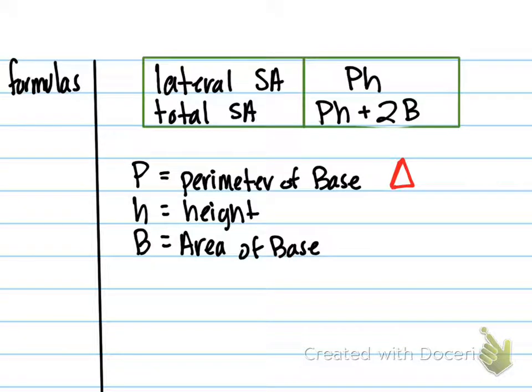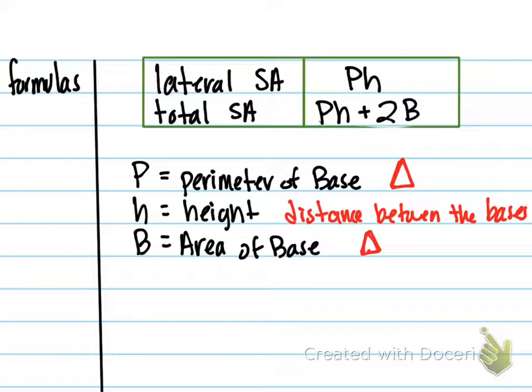The height is the distance between the two triangular bases. And the area of the base, obviously, is the area of a triangle.